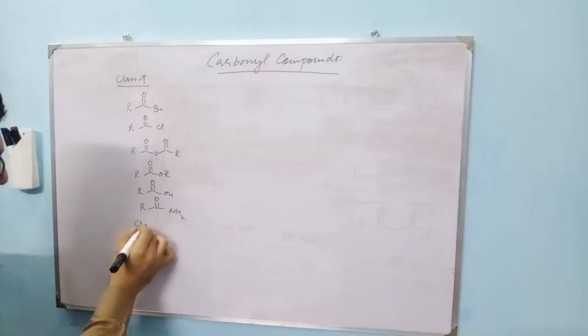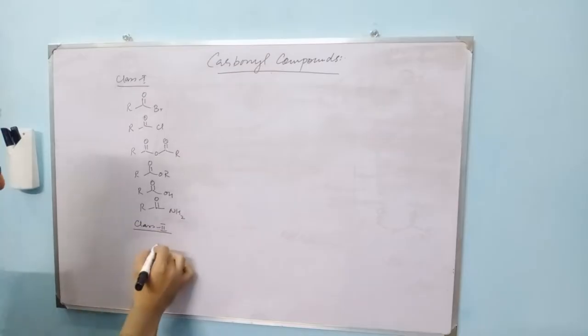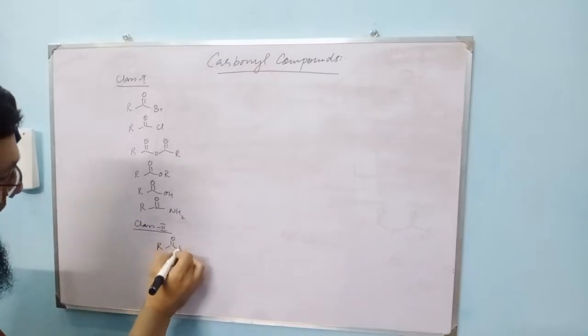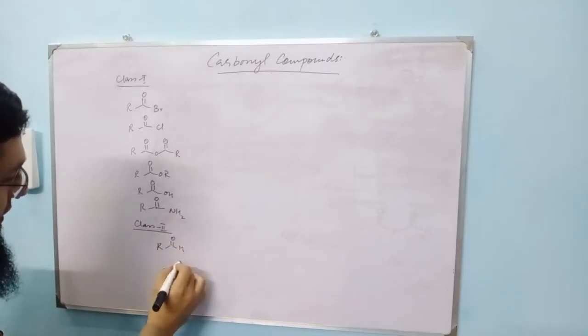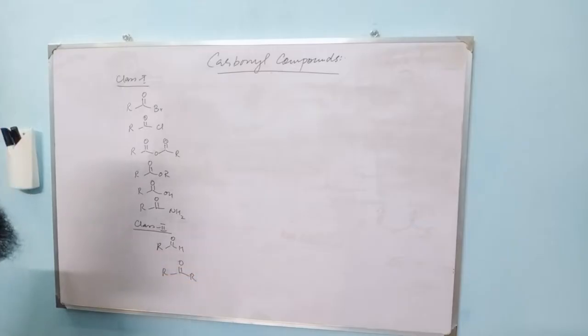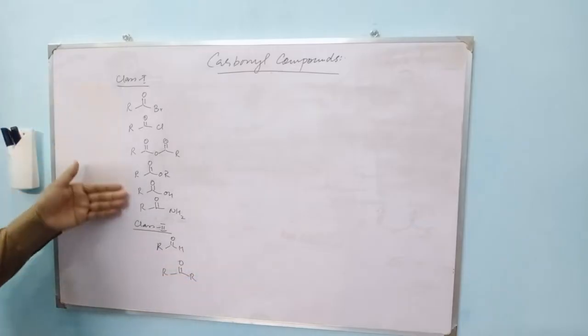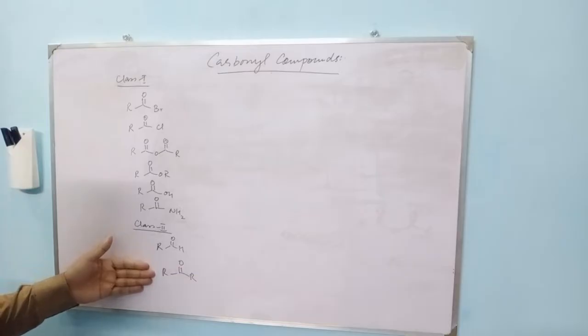And from class 2 carbonyls we have aldehyde and we have ketones. So these are class 1 carbonyls, and here we have class 2 carbonyls.